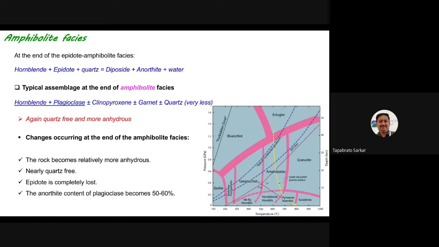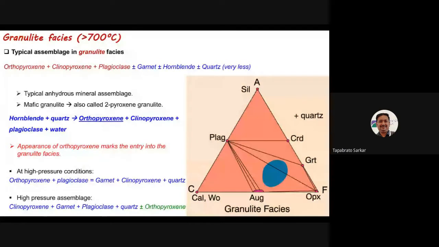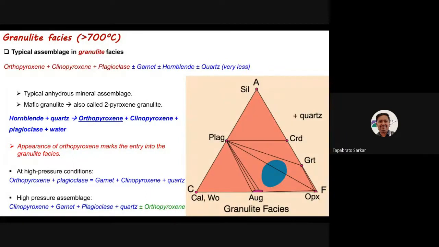Okay, so let me ask again. Nitya, what's the typical assemblage of the amphibolite facies? How do we recognize an amphibolite? Nitya, are you there? Okay, she doesn't seem to be there.